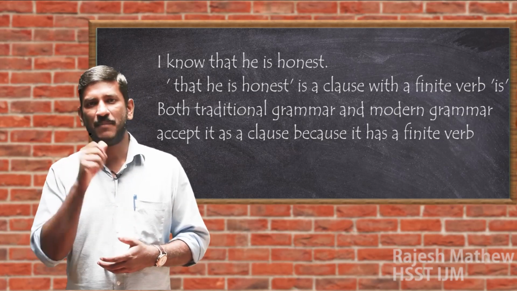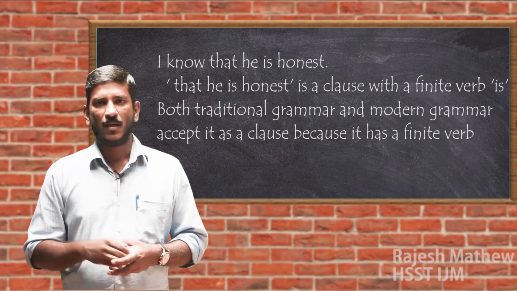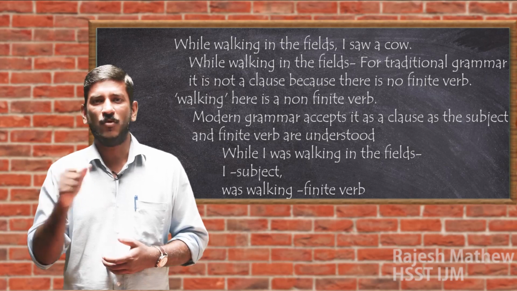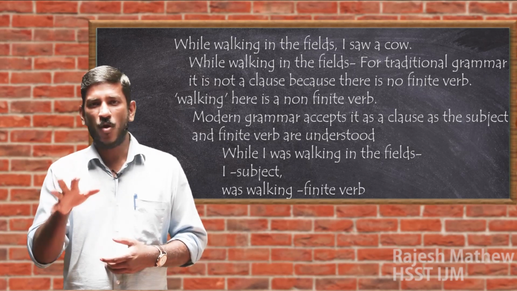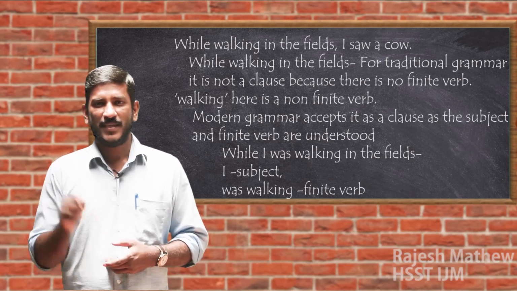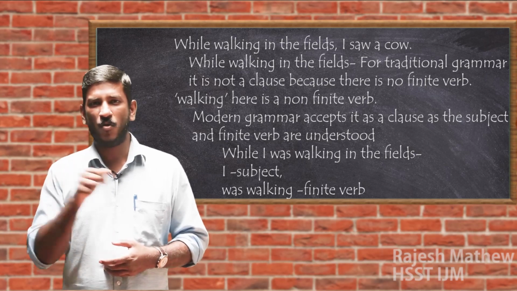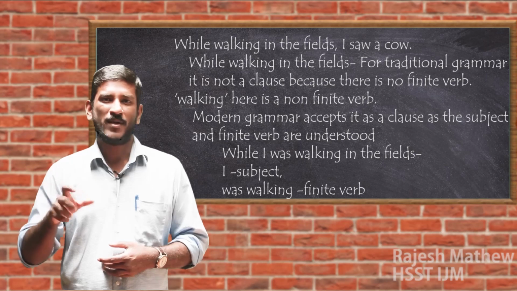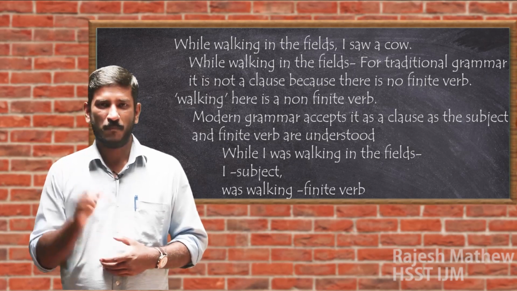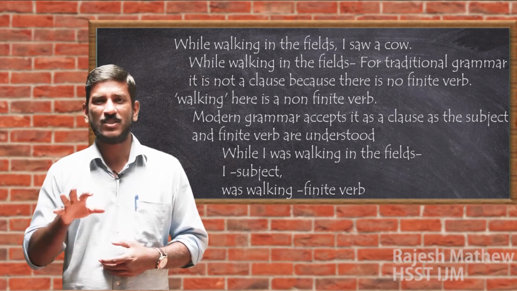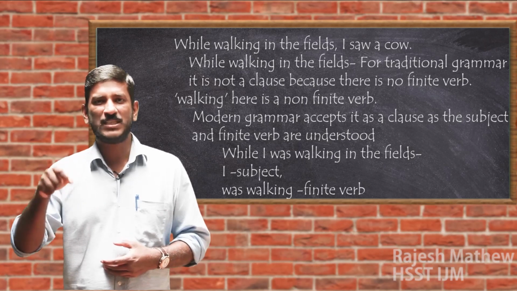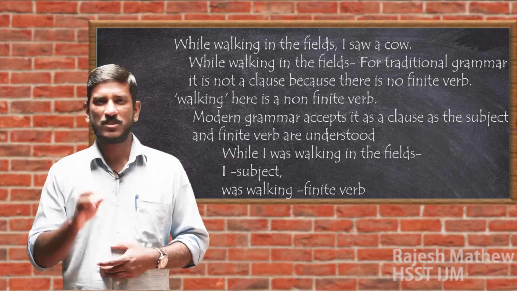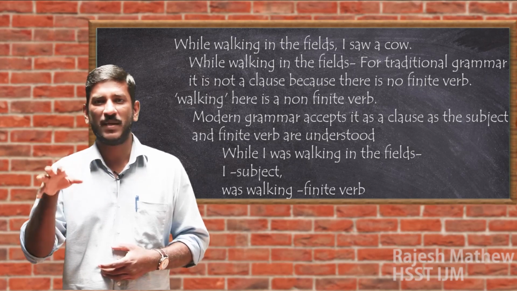The second example: while walking in the fields, I saw a cow. While walking in the fields is considered a clause by modern grammarians, but traditional grammar does not approve this particular expression as a clause because there is no finite verb in that expression.